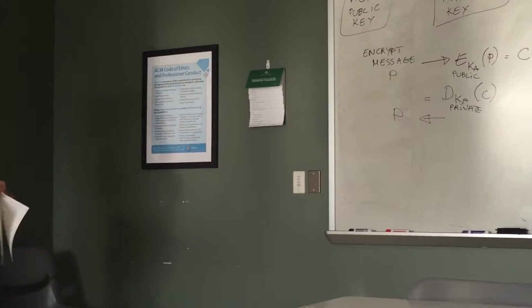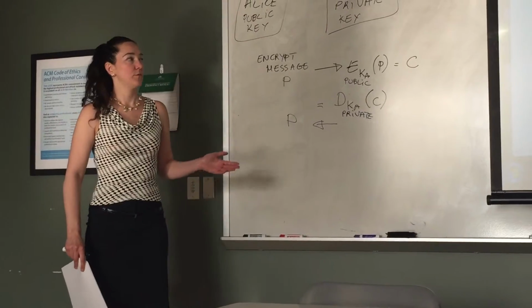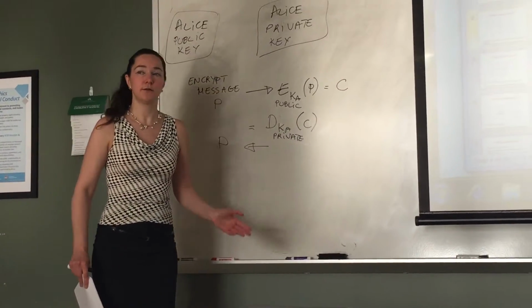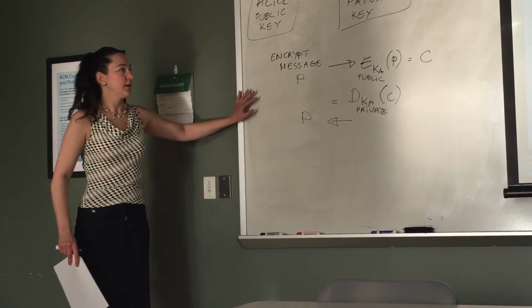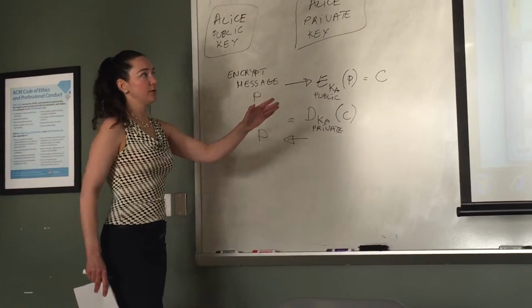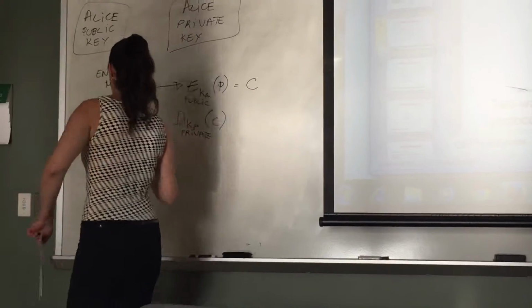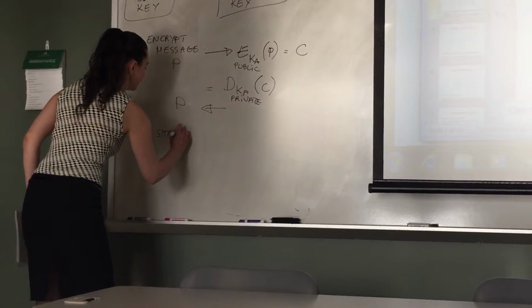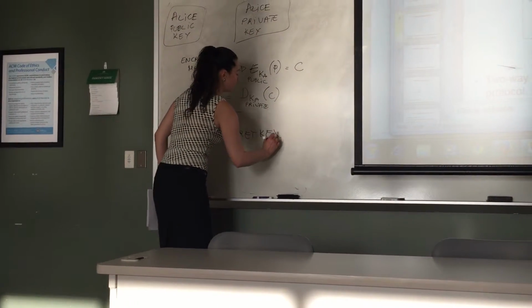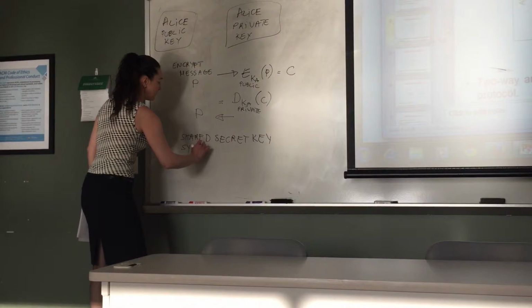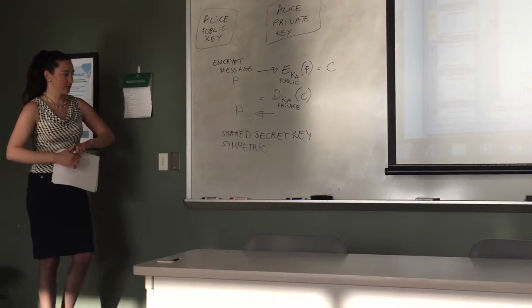So in order to find a balance between cost and security, we use a combination of public and private key in order to establish a secure channel, and then use what's called a session key, which is a shared secret key that is symmetric, which means the same key can be used to encrypt and decrypt the communication.